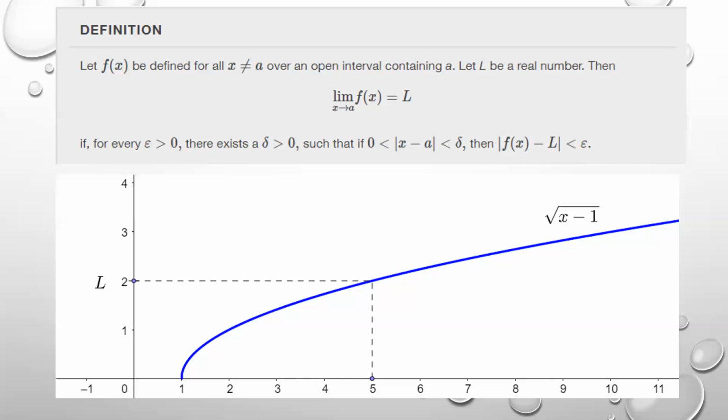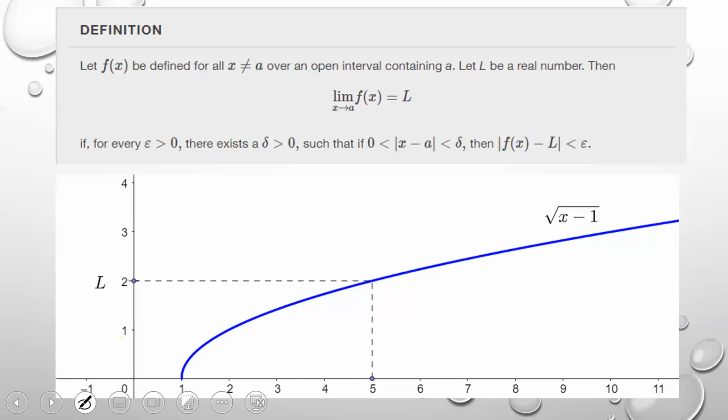Then the limit as x approaches a of f of x equals the value L if, and this is where it gets a little complicated, for every epsilon greater than 0, there exists a delta greater than 0, such that if 0 is less than the absolute value of x minus a, which is less than delta, then the absolute value of f of x minus L is less than epsilon. Pretty straightforward, right? No, not so much.